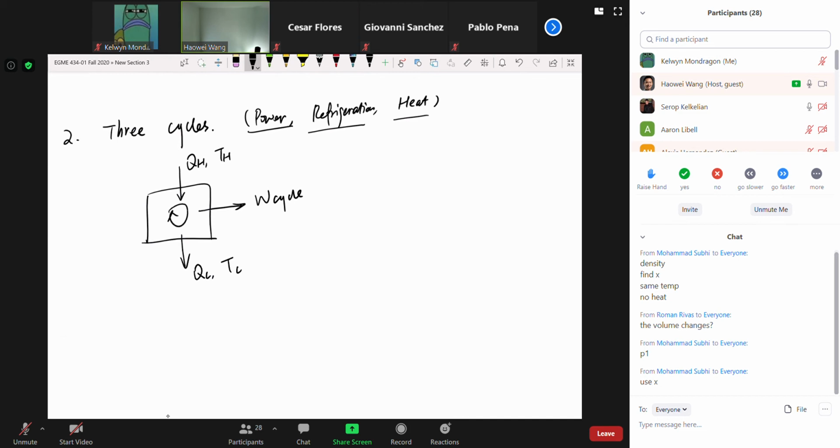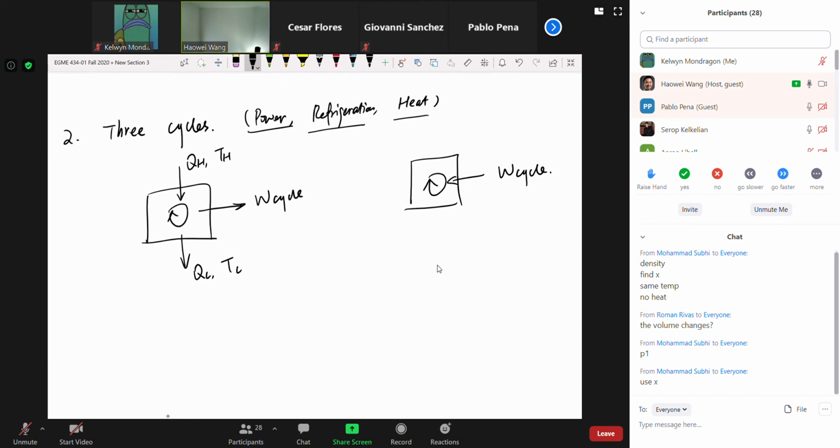What about refrigeration cycle? How does a refrigeration cycle work? You can just think of the refrigerator, right? What it does is what? You put work in. Yes, very good. You have to pay for electricity, which is the work. Okay. And then think of the inside of the refrigerator: food decomposing releases heat.